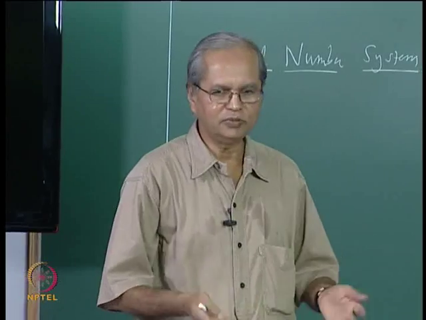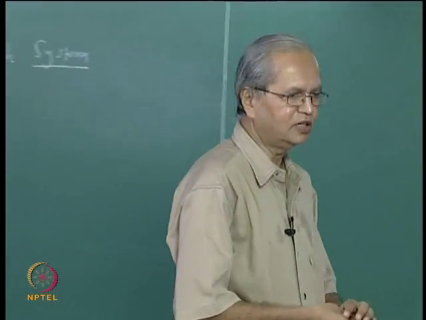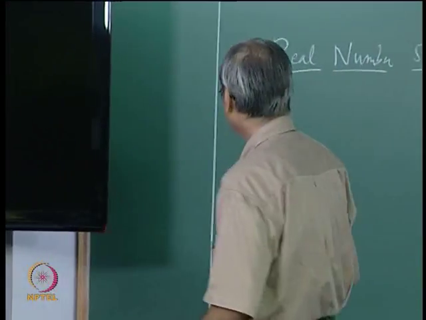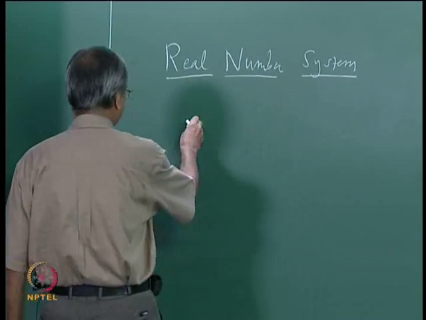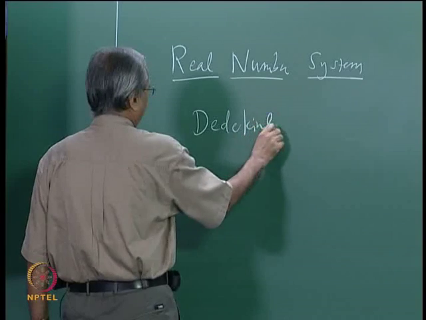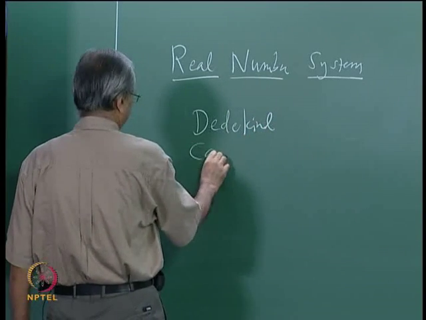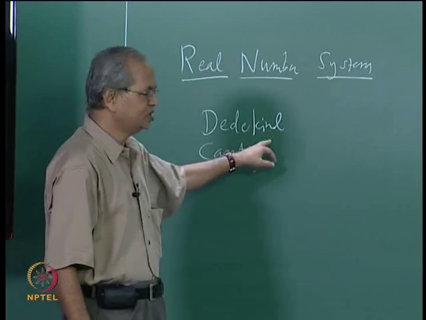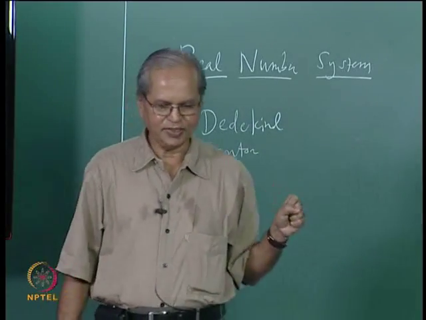None of these algebraic methods work there. The rational numbers are already a field. There are two ways, and they are due to two famous mathematicians. One is due to Dedekind, and the second name we have already heard, Cantor. The first procedure is what is called defining Dedekind cuts.